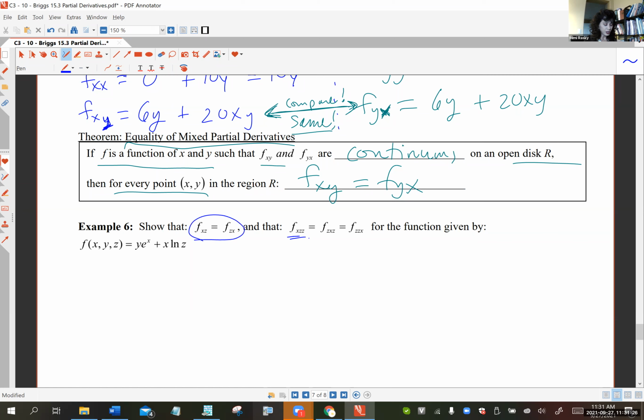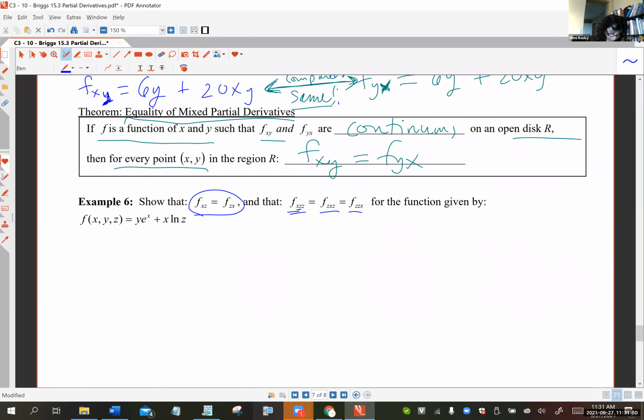And then we're also going to show that fxzz is going to give me the same as fzxz, which is the same as fzzx. These are third partials, okay? Third partials. Now you have to be careful. These fxzz, fzxz, and fzzx, the reason why those are going to be equivalent is because z is in there twice and x is only in there once.